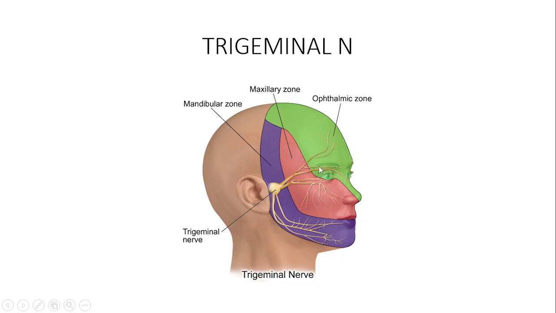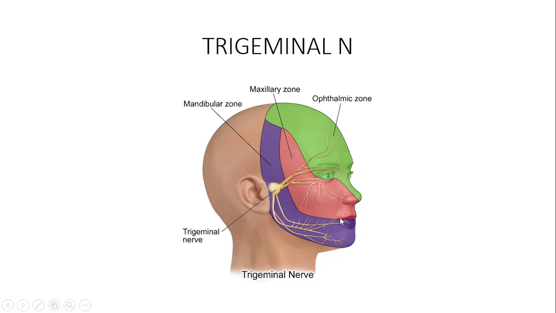So that is about the ophthalmic branch of the trigeminal nerve. Okay. Let's now draw attention to the maxillary branch. It supplies basically the area which is in wine color.